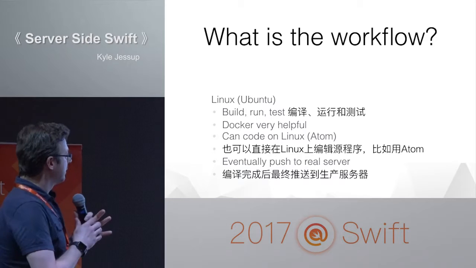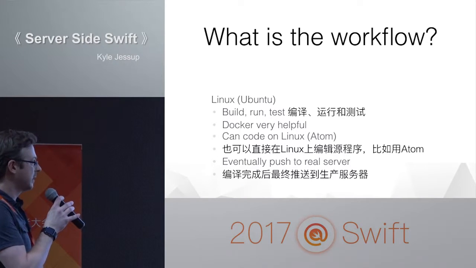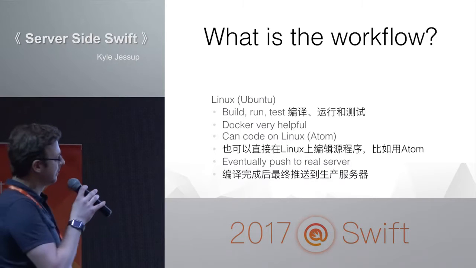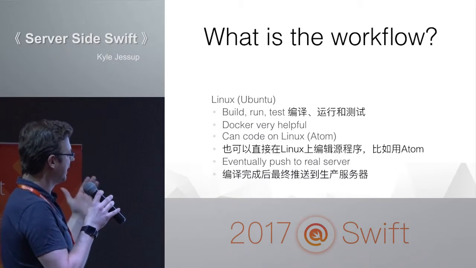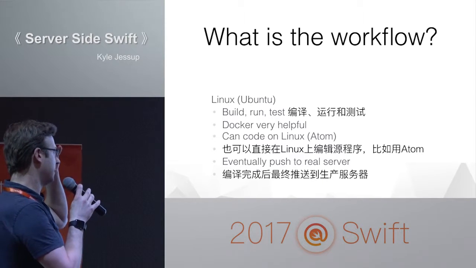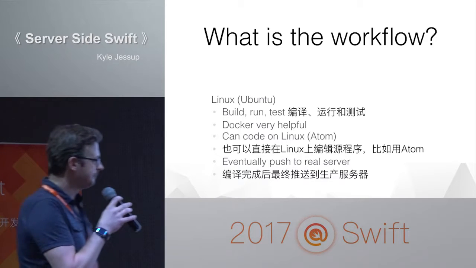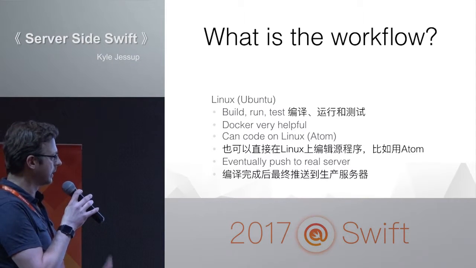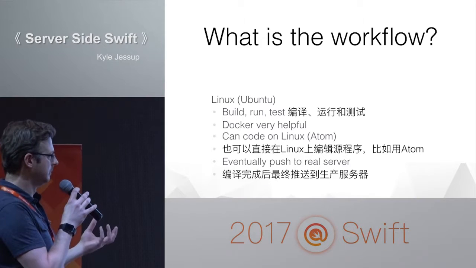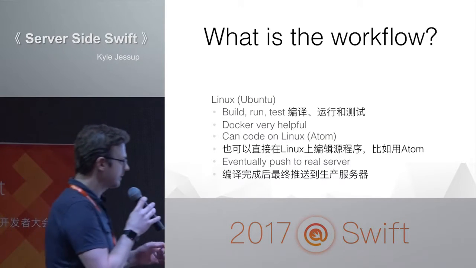So yeah, after you've got your Linux, you've got your Ubuntu, you've got your code up there, you're doing your build, run, test sequence. Docker is very helpful for this, and we use Docker a lot in some of the software, which I'll discuss more in a bit. If you're not familiar with Docker, it's basically like a little mini Linux that you have there. Usually stateless.